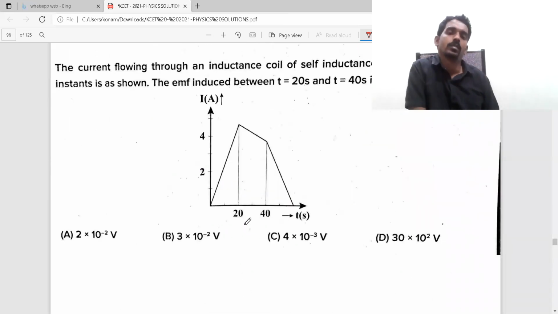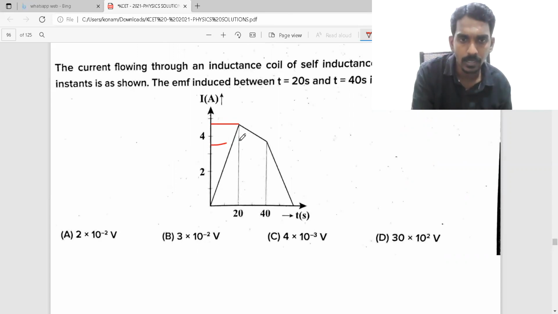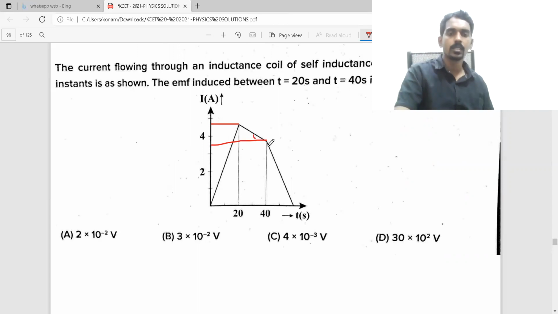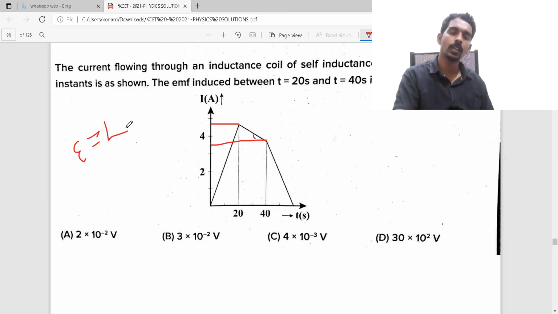Now here also I felt the graph is not exactly as given, because this is matching somewhere here, and this is matching somewhere here. We cannot find the slope here. Let's see what the key or solution from the KSET people will be. But the concept is that they are asking for the EMF induced. So what is the formula for induced EMF? L di by dt.